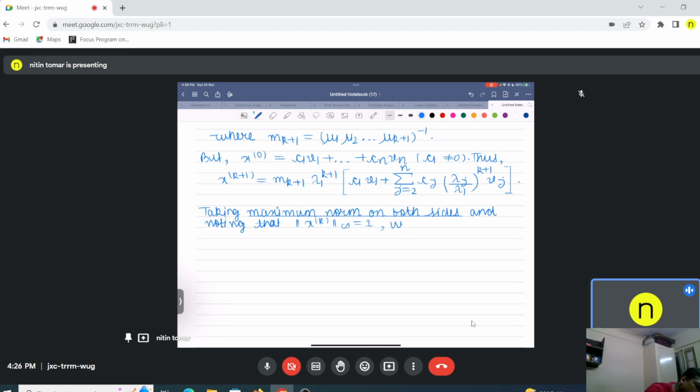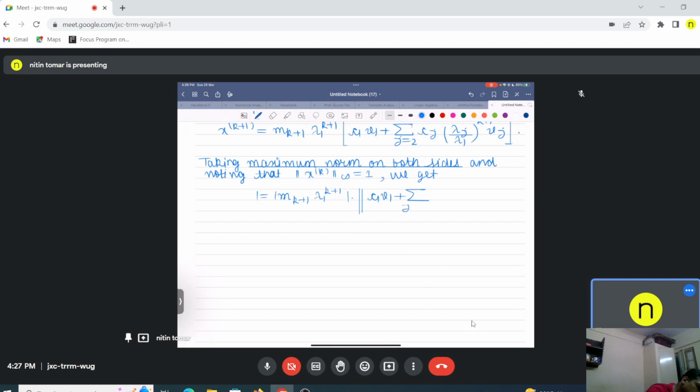We have already mentioned why this norm is 1 in the remark. We get that 1 is actually the modulus of mk plus 1 lambda 1 to the k plus 1 times the norm of c1 v1 plus the sum over j going from 1 to n of cj terms.